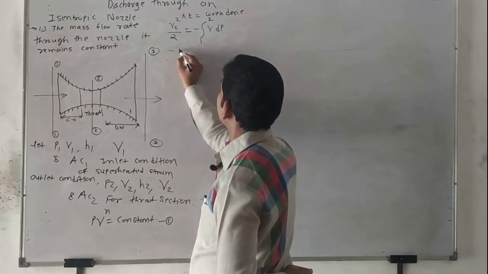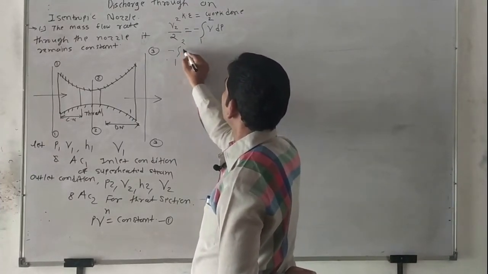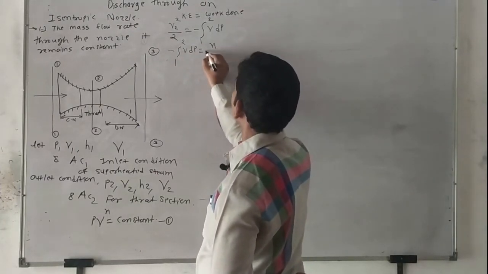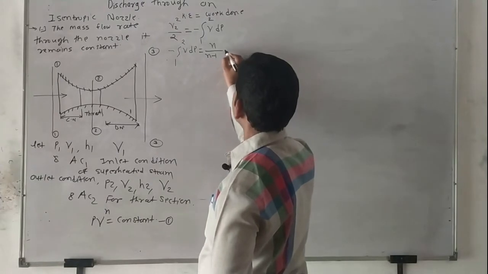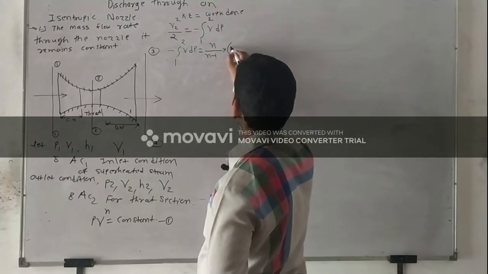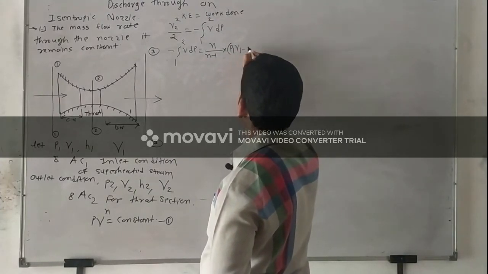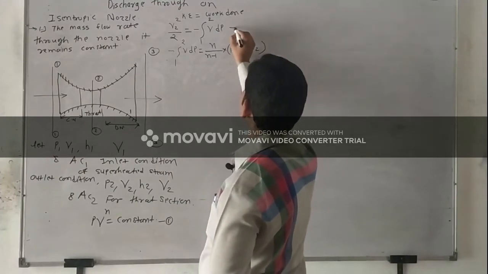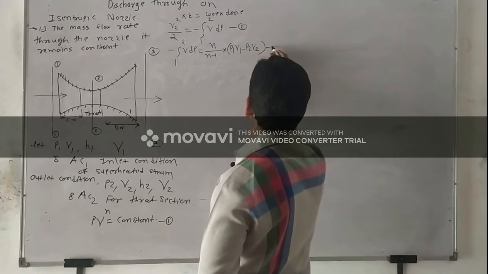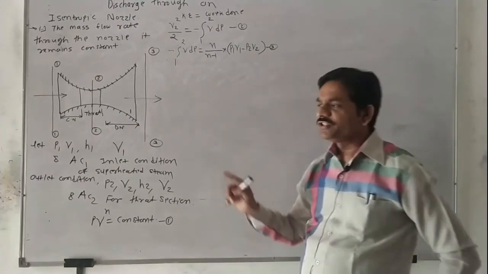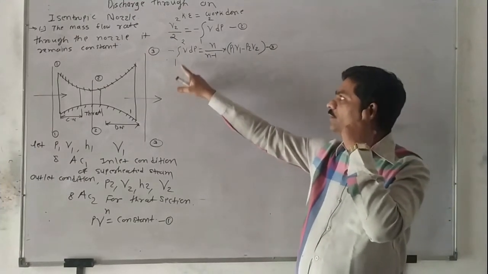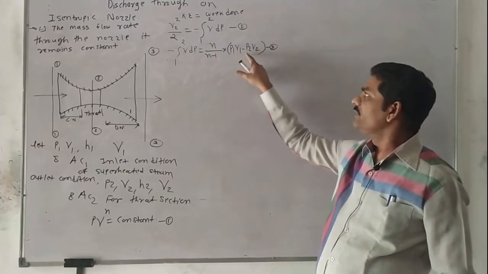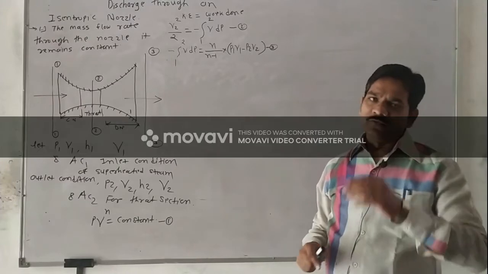The work done is minus integral 1 to 2 V dP, nothing but n upon n minus 1 in bracket P1 V1 minus P2 V2. Suppose this is equation number 2. This is equation number 3. So this is the work done formula. Work done, 1 to 2 V dP, is n upon n minus 1 into P1 V1 minus P2 V2.